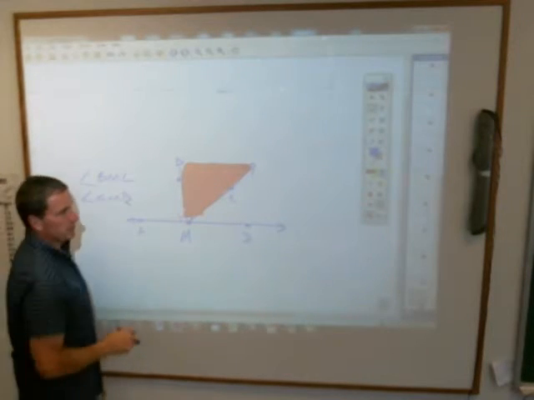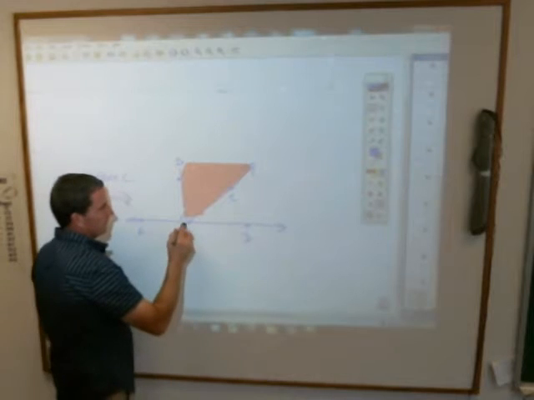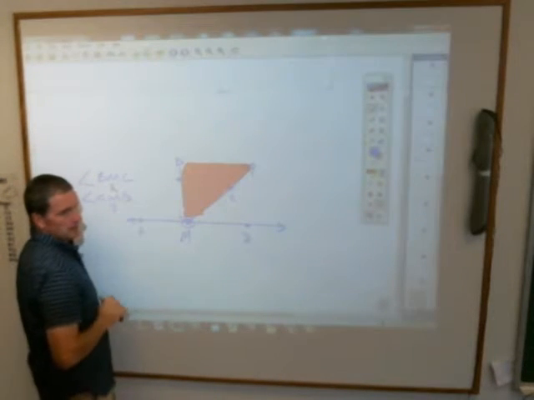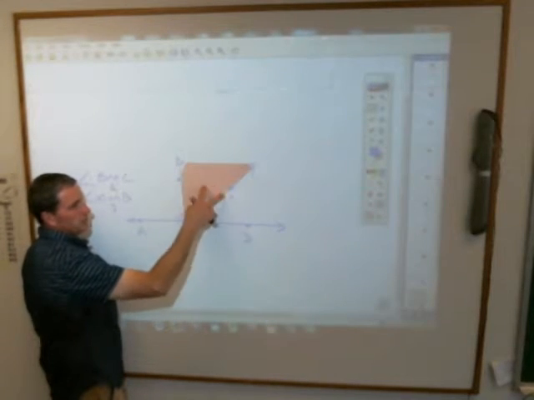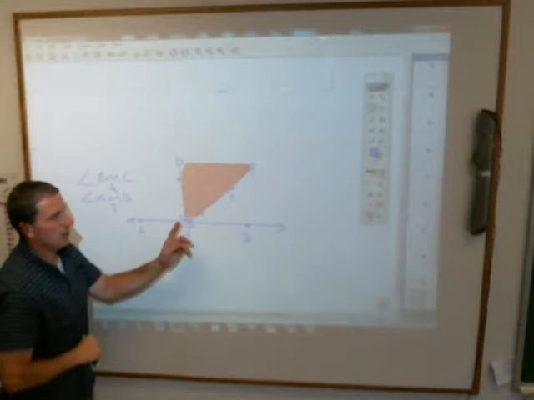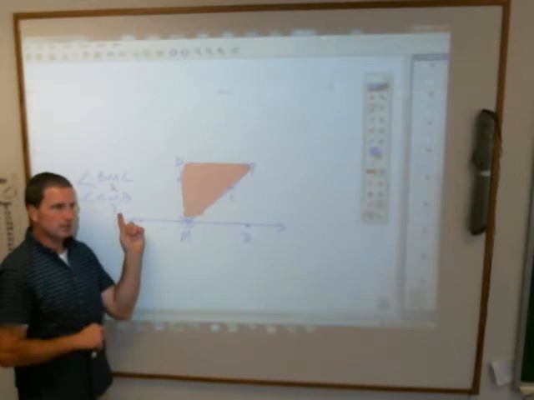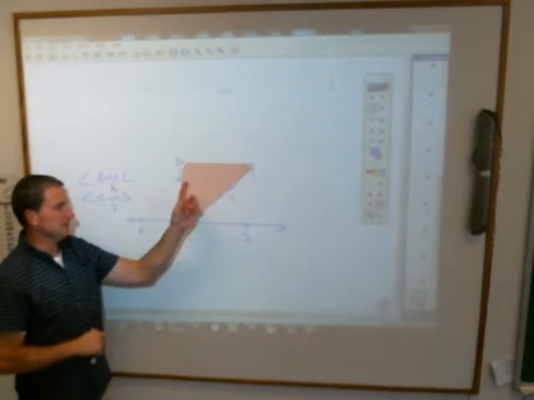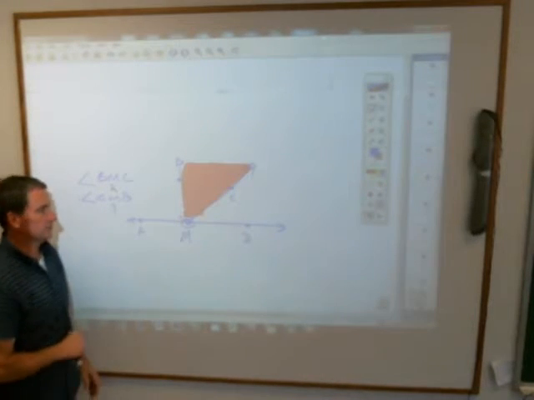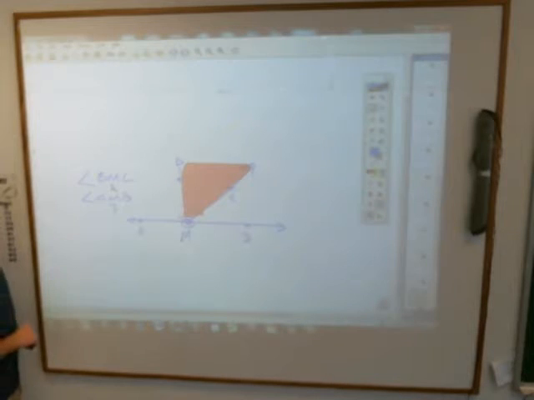The vertex, which is right here, has to be the middle letter. You can flip-flop the two raised sides, B first or C first, it doesn't matter, but the vertex always has to be the middle letter. I cannot call this angle CBM. That doesn't describe this angle; there's not even an angle CBM there.